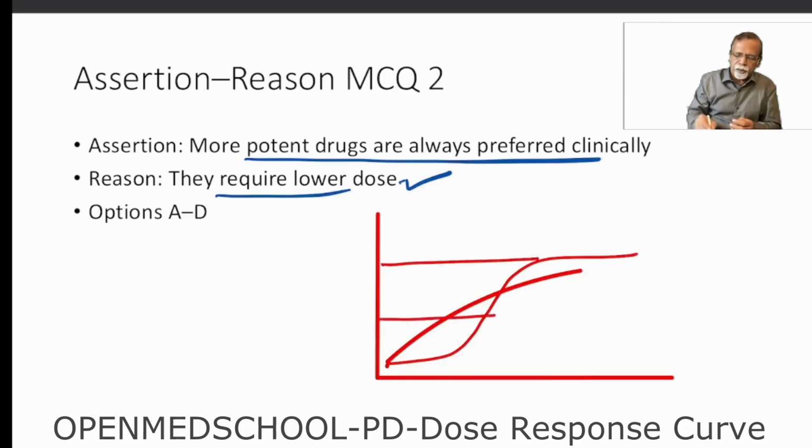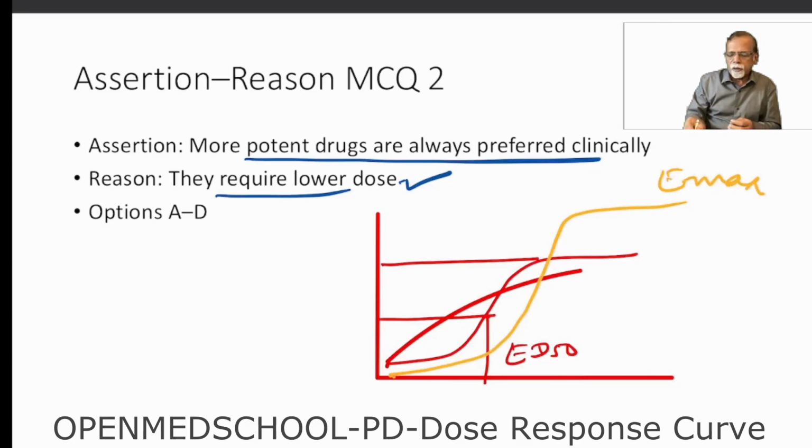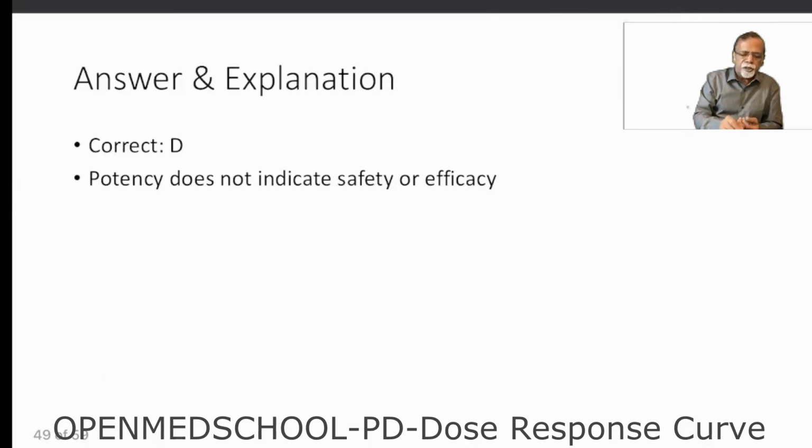Potency depends on the ED50. Take another drug. The Emax is more, so this drug is more efficacious. So we prefer a drug which is more efficacious. So the answer: potency does not indicate safety or efficacy.